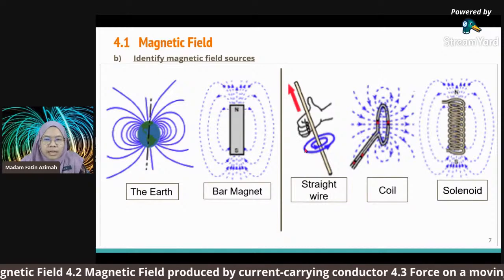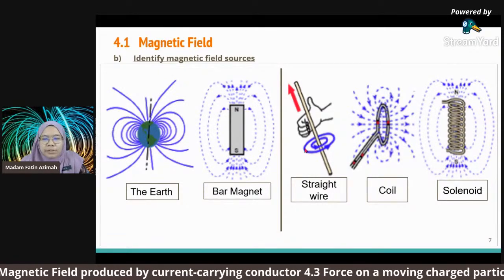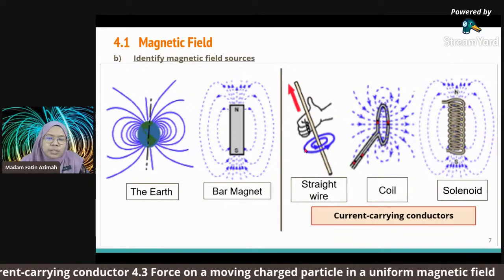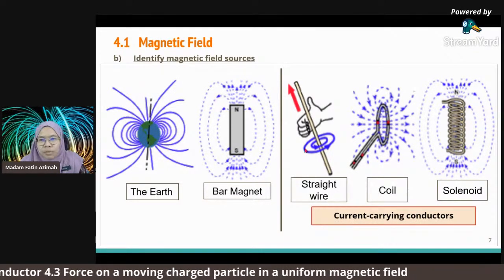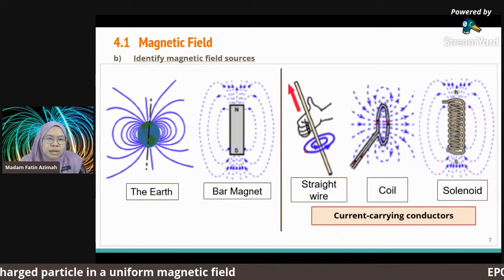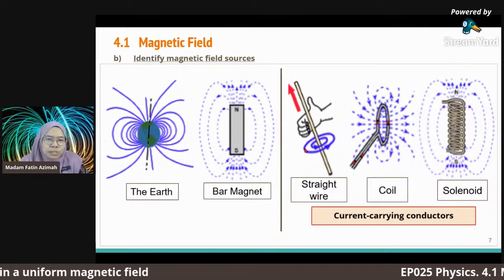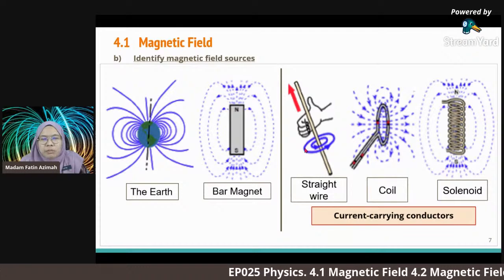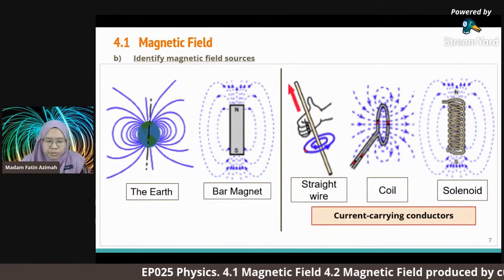So the last 3 are categorized as current carrying conductors. There must be current flowing through the conductors, then only magnetic field can be produced. On the left hand side are the examples for natural permanent magnets. On the right hand side are the examples of how magnetic field can be produced.